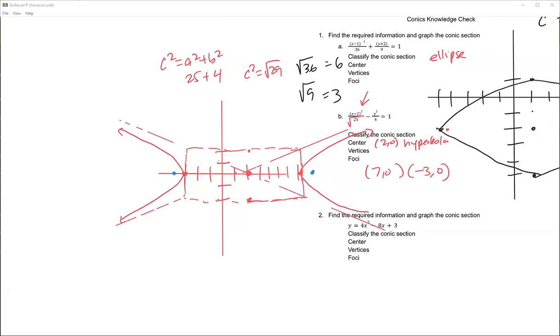This is from the center. So your foci would be 7.4 and 0 and negative 3.4 and 0. Cool. Any questions or anything? We good?